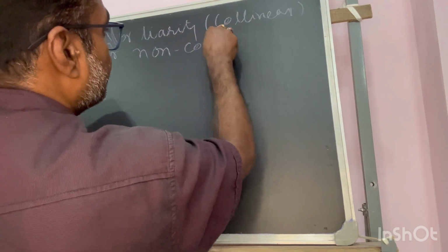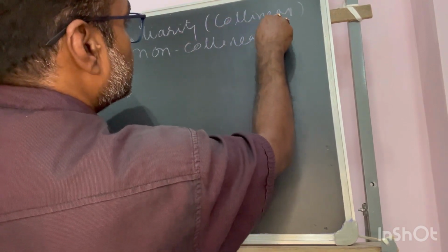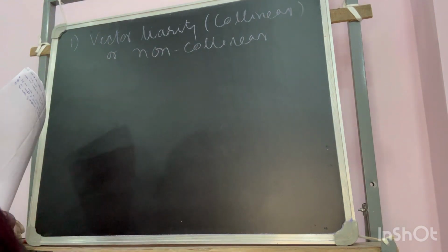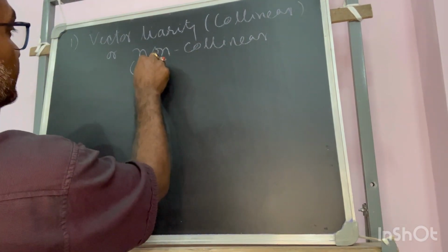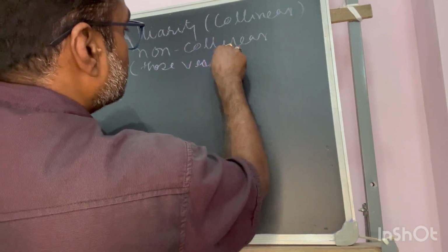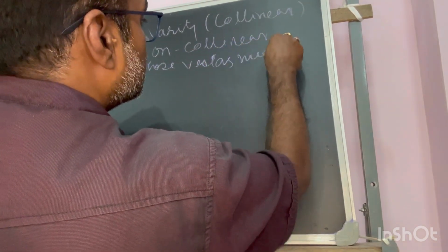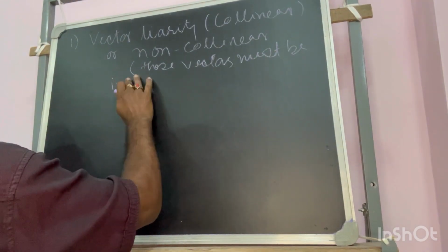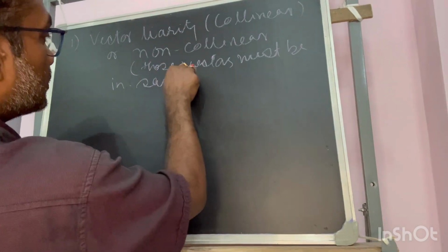This is the opposite topic of that. If the condition satisfies the first one, the opposite condition will satisfy the second one, but the condition is that those vectors must be in the same plane. Okay, in the same plane.